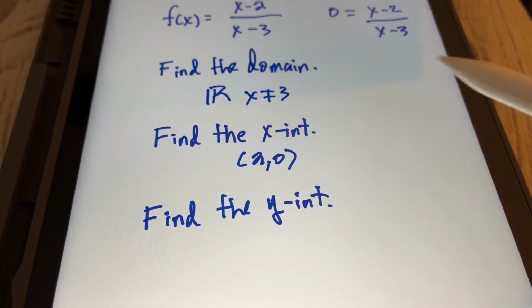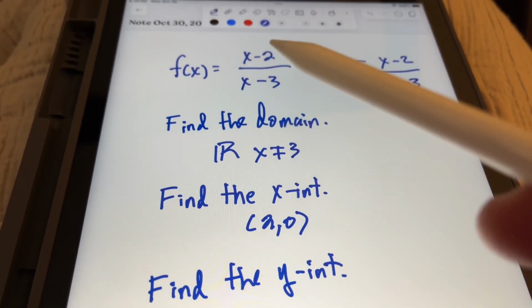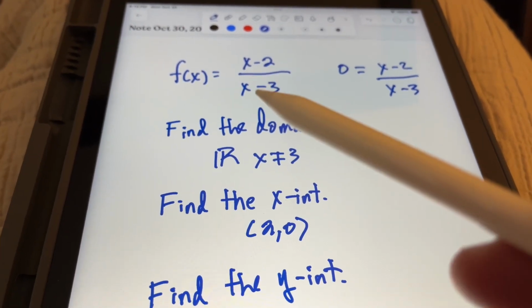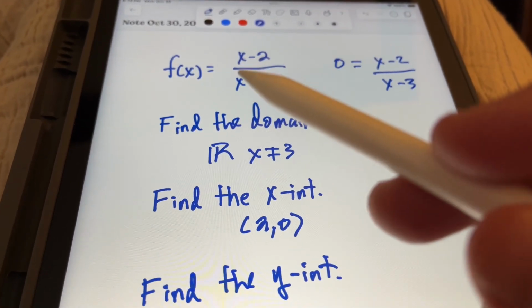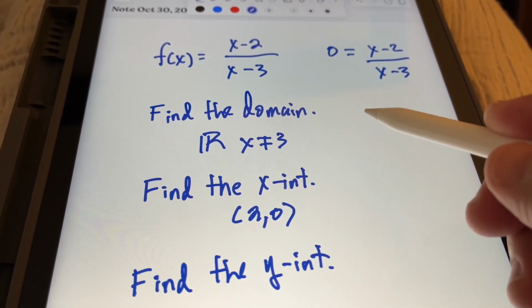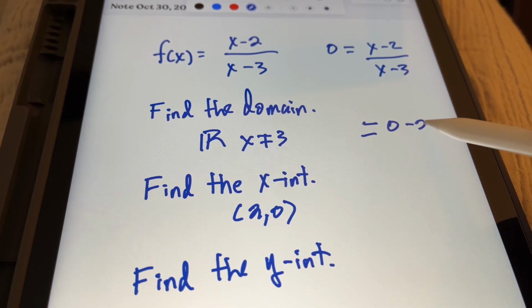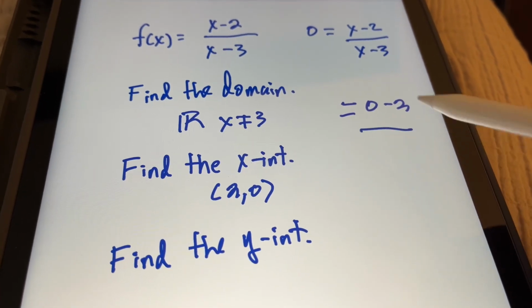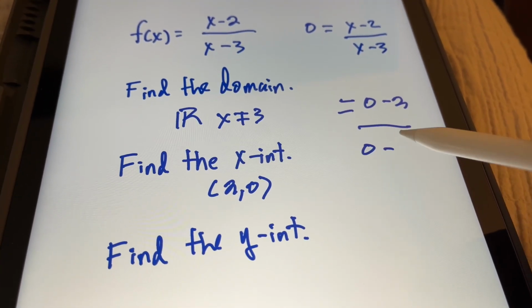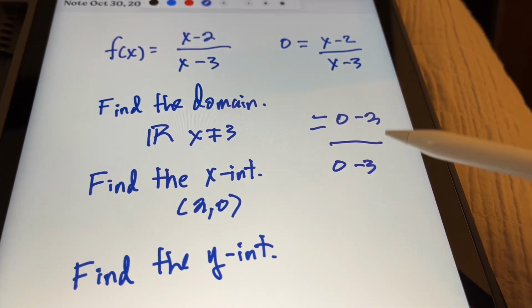Now what's the y-intercept? Well, the y-intercept is what you get when you put 0 in x's place. So notice if I take this problem up here and I put 0 in both places for x, so if I put 0 there and there, this is what I get.